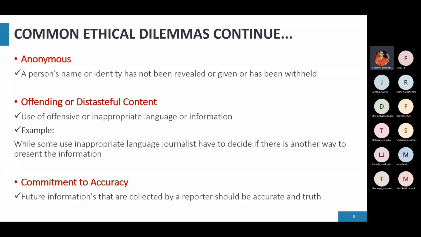Normally we can't take actions. The employer couldn't take any actions with that anonymous letter. Sometimes the information provided in the anonymous letter may be true, but not all the time.